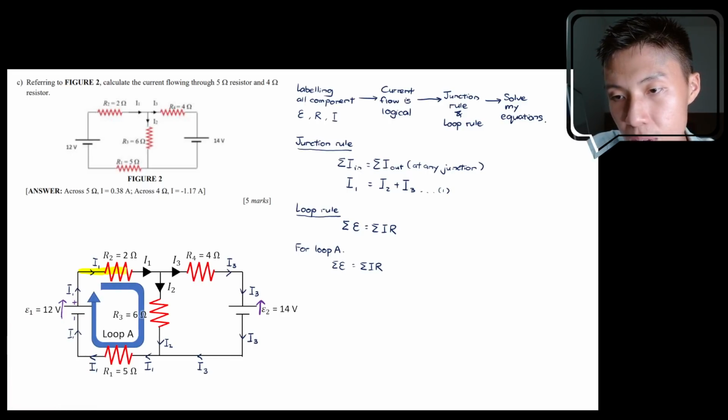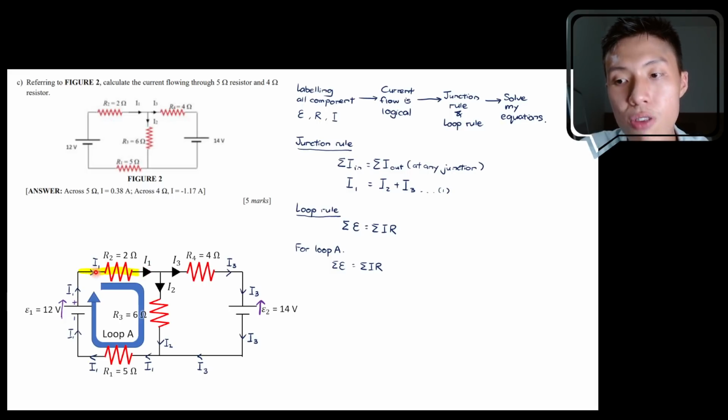So the first thing that we encounter is the resistance R2. R2 here will be related to IR. It will not be related to the epsilon, because this is a resistance, so it will be related to the right hand side of the equation. But to determine whether this is positive IR or negative IR, you have to see whether the direction of the loop, which is the direction of my highlighter, is the same as the direction of the current that I labeled earlier.